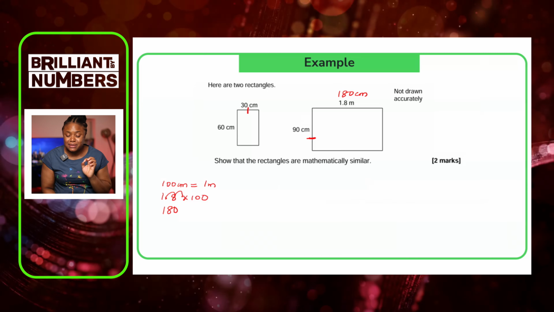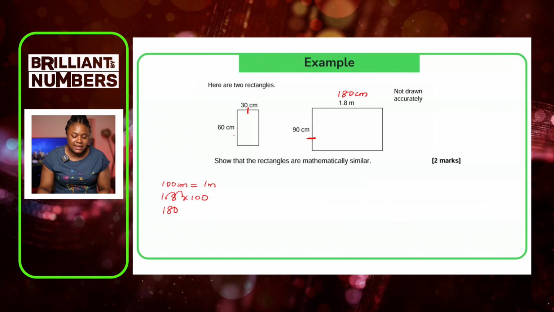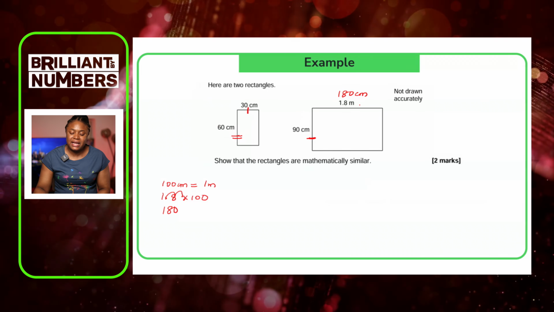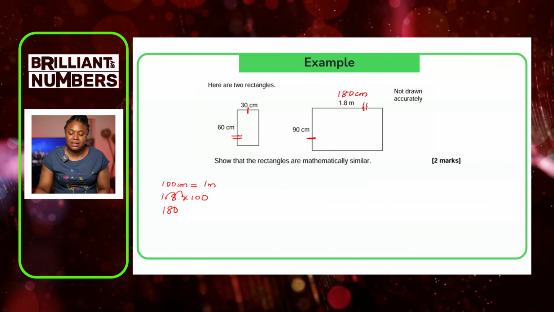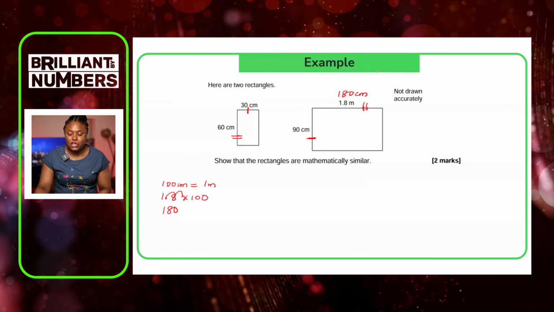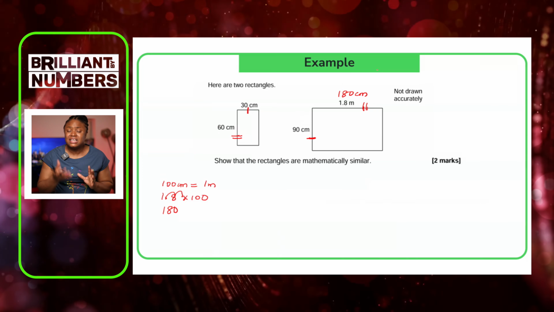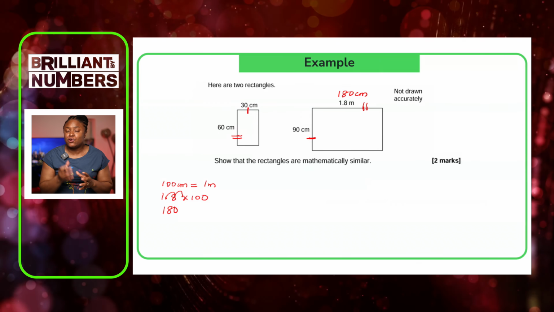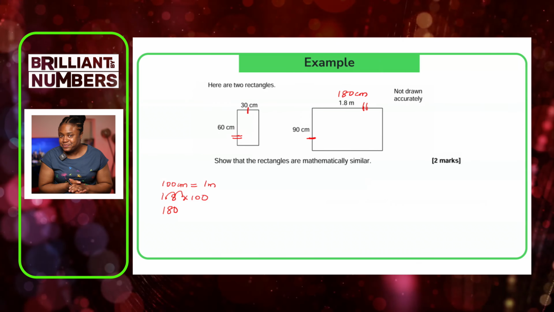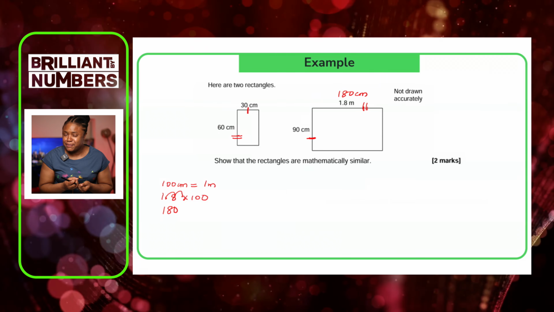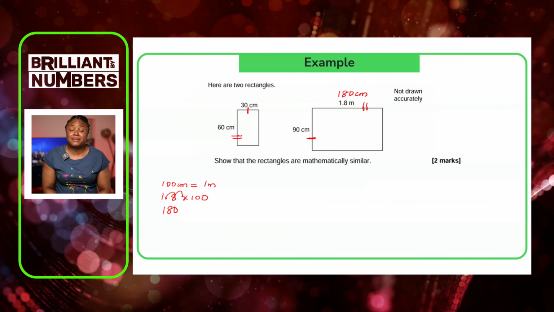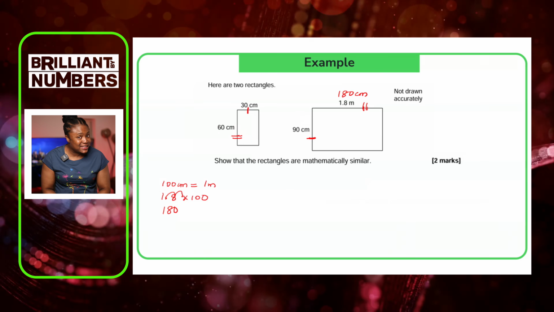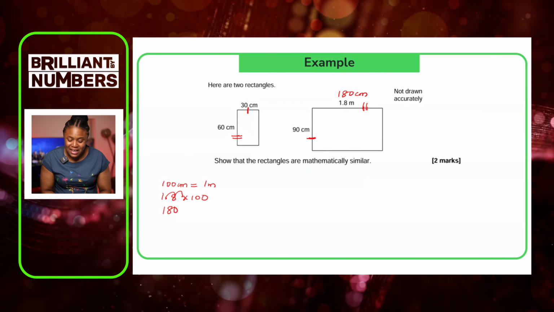Please don't be tricked by this. Now it is 60, I'm going to put a double line here, and 180 that are the corresponding sides. All we need to do now is find the scale factor of each corresponding pair, and if they are the same, we know that these shapes are similar.